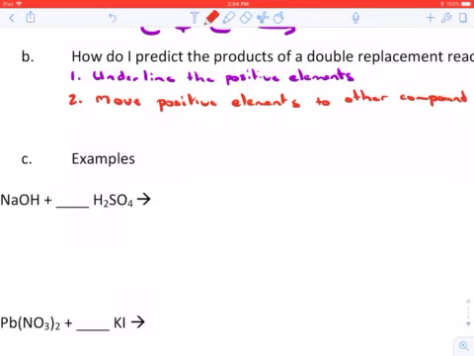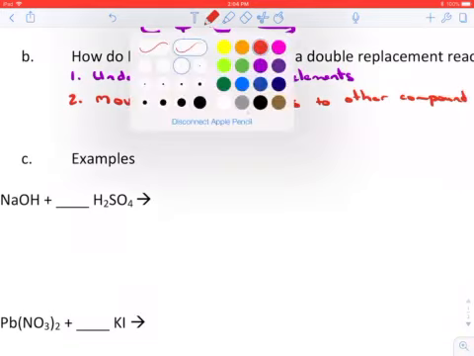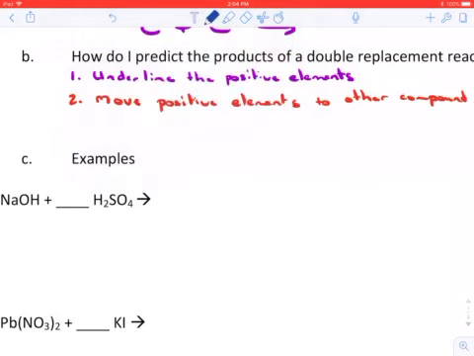So basically your positives are just going to switch partners. The key here is that you do need to crisscross. So our third step is we're going to crisscross and find new compounds, crisscross and reduce, so we can find the correct formulas of our compounds. And as it has been for quite a while, our last step is going to be to balance.